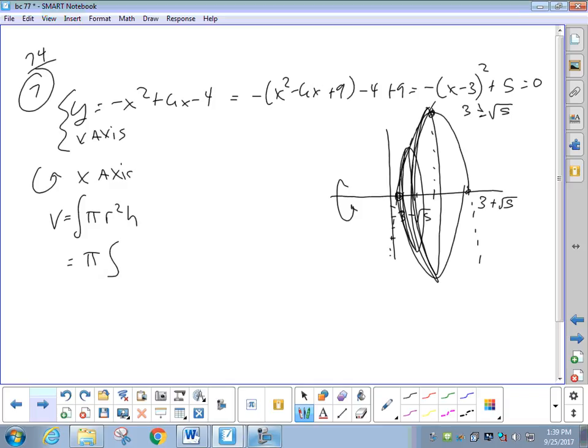Pi is fine. What's the radius in this problem? The function, okay, so the radius squared is the function squared, negative x squared plus 6x minus 4, and the height of each cylinder is barely this much. Is it barely dx or barely dy? dx. And the limits of integration are the negative and positive zeros.